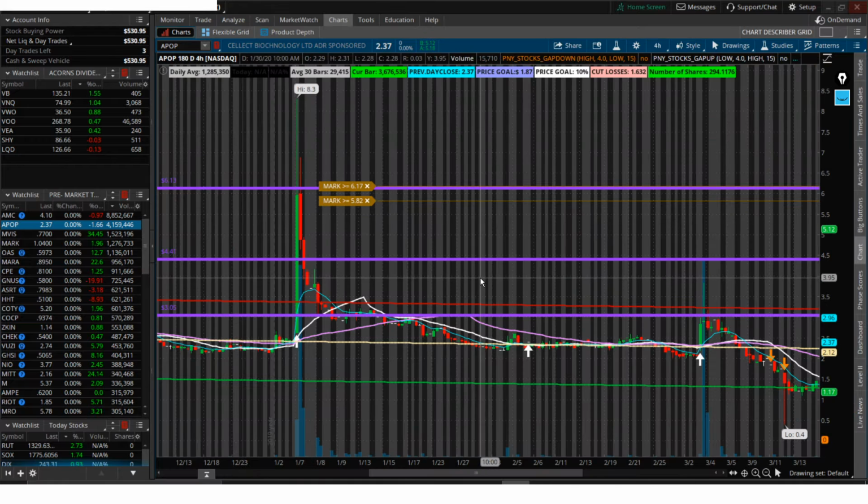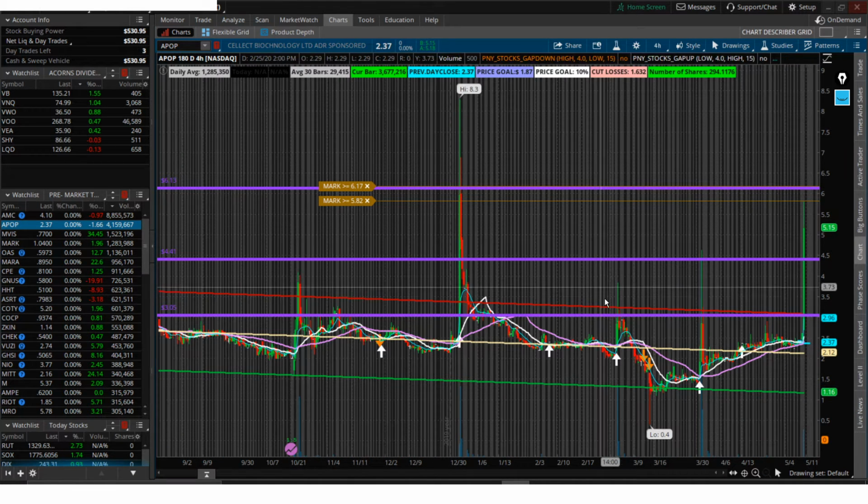Looking at this chart, the price is already a little oversaturated. I have this support channel over here, basically telling me if the price is already oversaturated or overpriced.